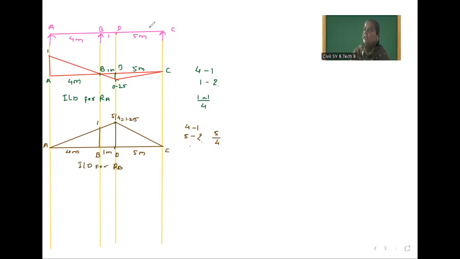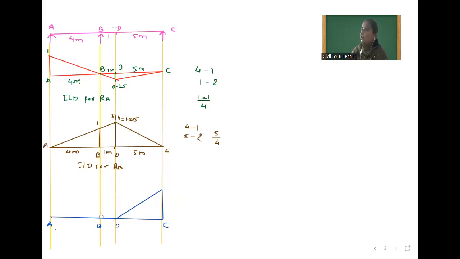Then we will draw ILD for RC. Now one value for which support here? One value for C support. Okay, first we will label here A, B, D and C. Okay, so one for C here and 0 for D. After that बघा आता हिंज सपोर्टला 0 असते तुमची, मग इथं 0 झाली, मग 0 कडून B ला जाईल त्यावेळी 0च येणार आहे आणि B कडून A ला जाईल त्यावेळी सुद्धा 0च असणार आहे.